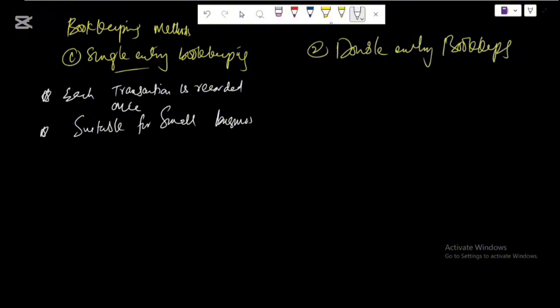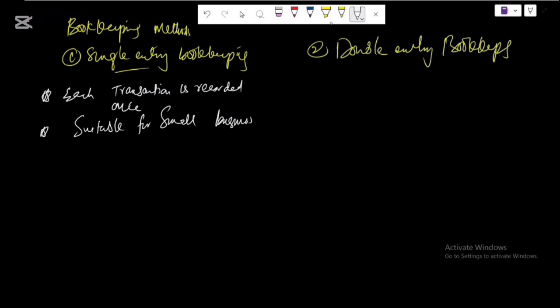The focus of single entry bookkeeping is tracking the cash inflow and outflow without the complexity of debit and credit used in a double entry system. But it doesn't track assets, liabilities, and equity, making it suitable for businesses with simple financial activity.